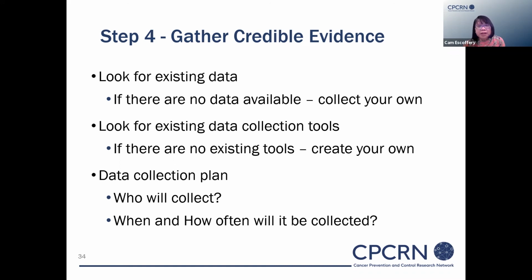If these data do not exist, you might have to develop your own mechanisms for collecting them. That's where you might have on your team people who can develop a database or people who can work with systems to add other indicators. Or you might actually have to look for existing data collection tools.